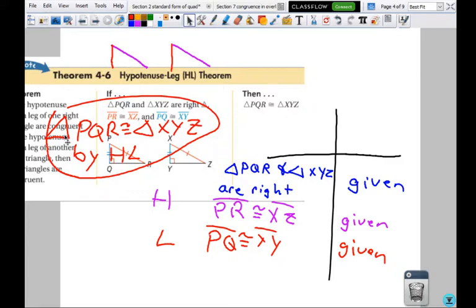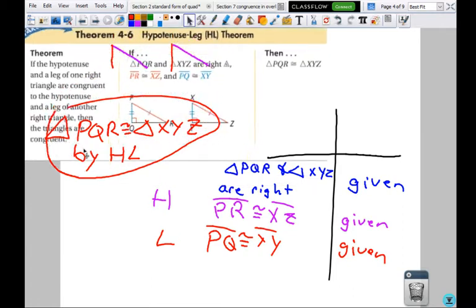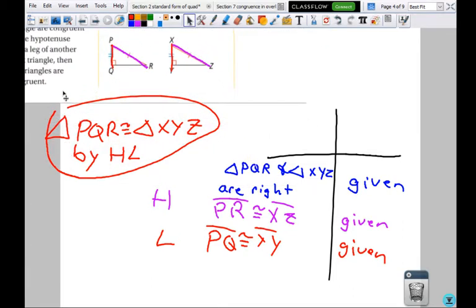Why don't you just call it hypotenuse leg then? Everything's a lie. Because it's easier to illustrate. I'm okay with that. It's called HL. So don't try it, Trista. I'm not going to remember that. Good mathematicians don't do that. Good thing we're going to practice it a bunch now.